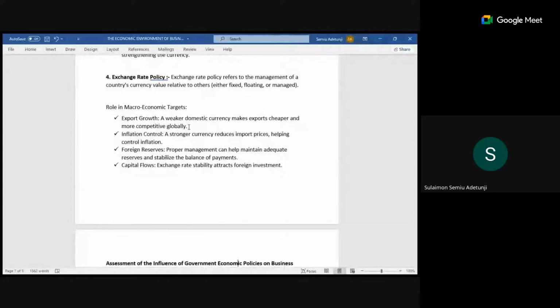Foreign reserve. Good management can help maintain adequate foreign reserve and stabilize the balance. This one, government needs to manage their reserve very well. There was a particular period that government could no longer borrow money to sustain the naira, so they needed to take money from the reserve to sustain the naira.